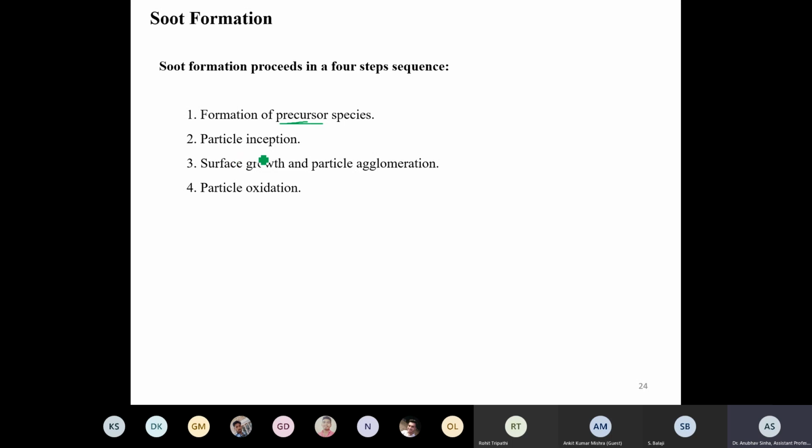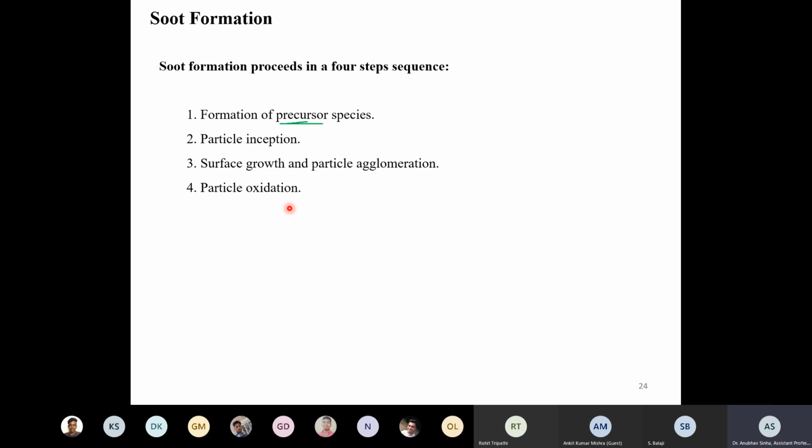We'll just briefly take an overview, and if you have any questions, we can plan some detailed discussion. So we have formation of precursor species, then particle inception. Then the particles grow, and then we have particle agglomeration. We'll see what it means in the next slide. And finally, as we discussed, most of these particles get burnt, but some leave the flame without getting completely oxidized. So these are the four steps we generally discuss for soot formation.